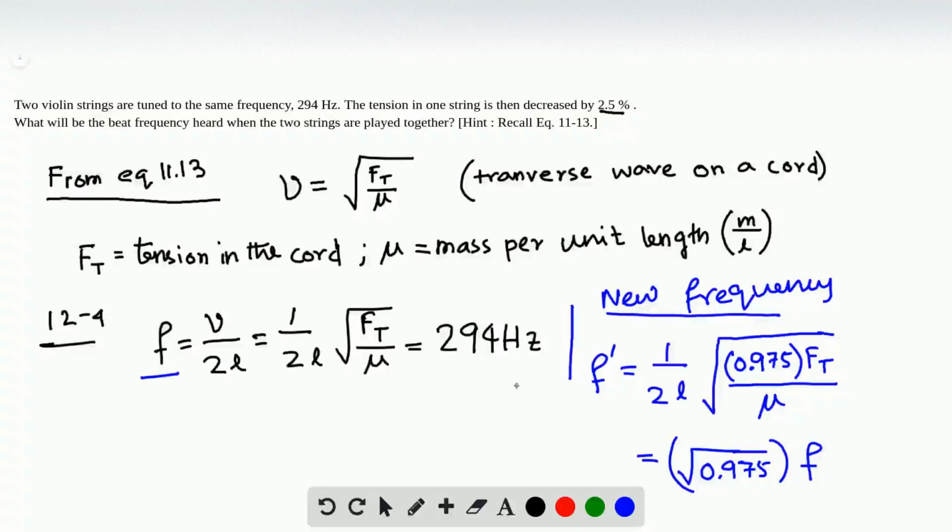So that's how we know that we have a difference in frequencies. So the beat frequency will be f minus f prime.